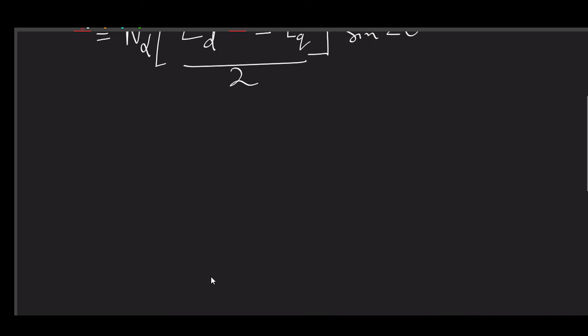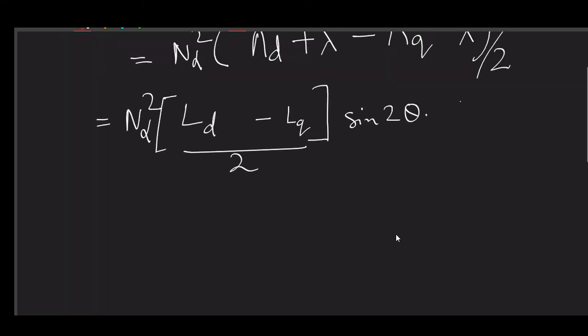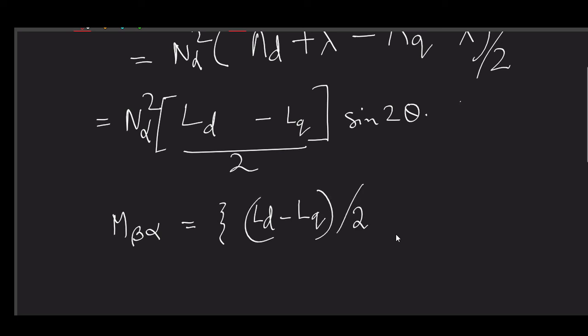Hello all. So last time we observed how M B alpha we calculated, and we found it like LD minus LQ by 2 sin 2 theta.